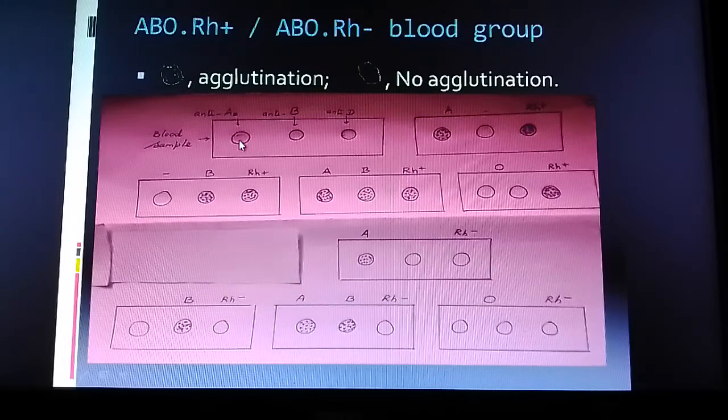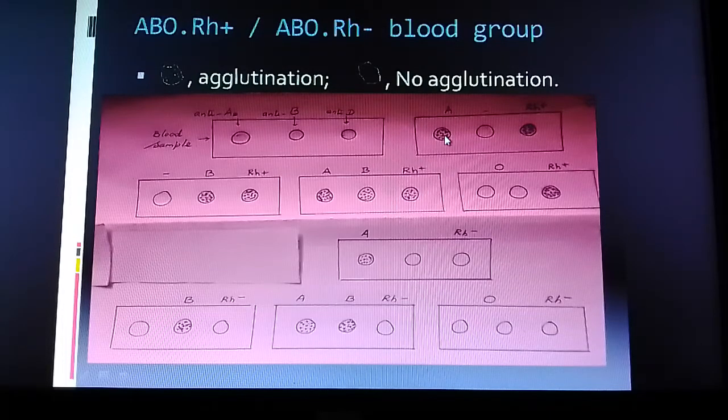Now if the drop shows agglutination with anti-A serum, but there is no agglutination with the anti-B serum, and you see agglutination with the anti-D serum, then where the agglutination occurs, you can assume it belongs to that group.